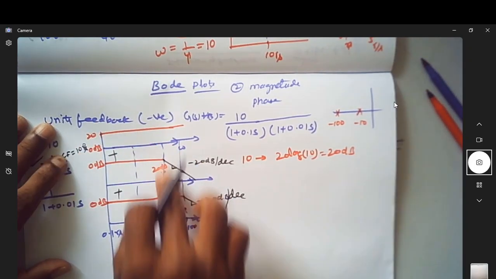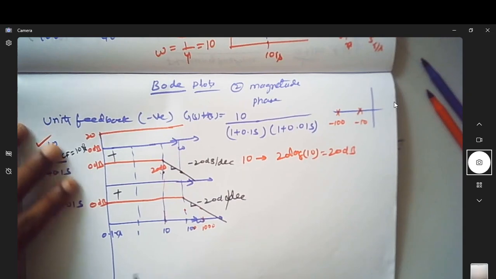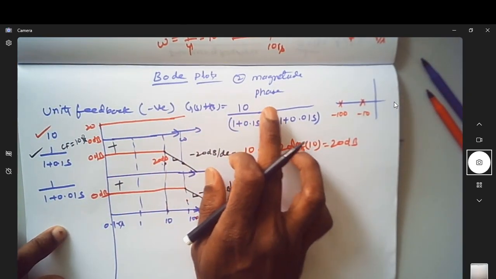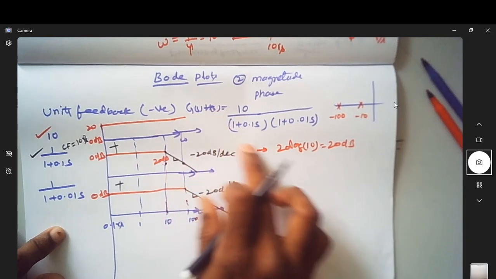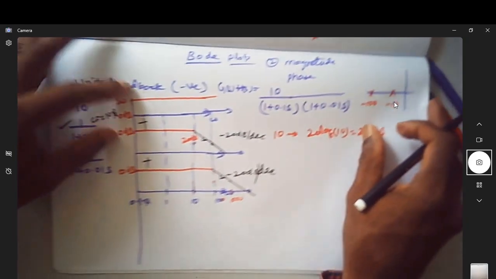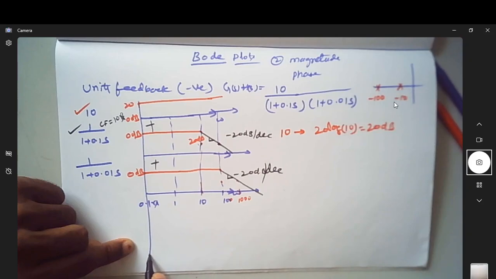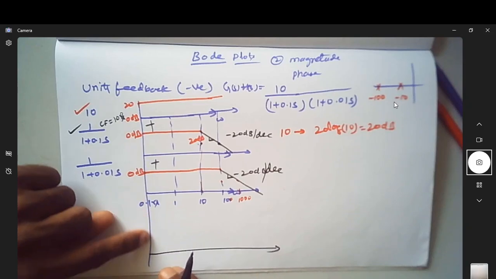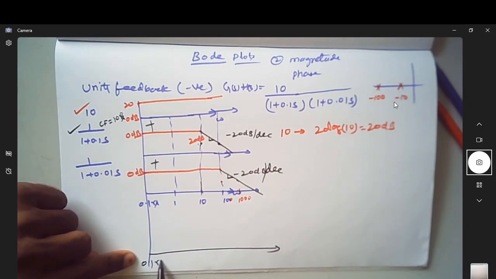If you add all the things, you'll get the magnitude plot of this particular transfer function. So for that, let me write it here. Let us take this as my reference line. What is the magnitude at 0.1 radian per second?